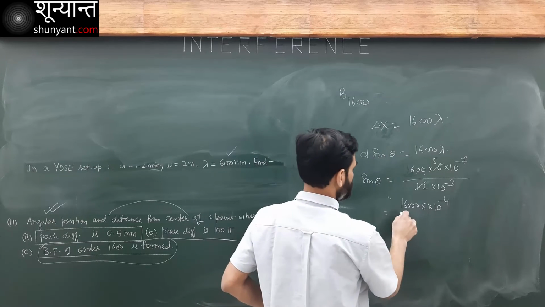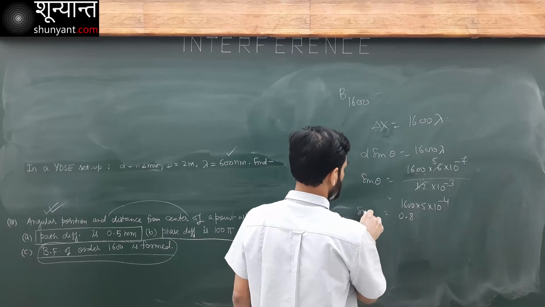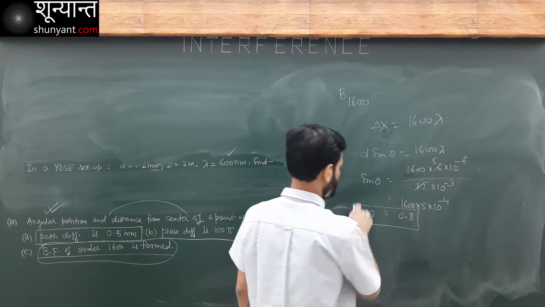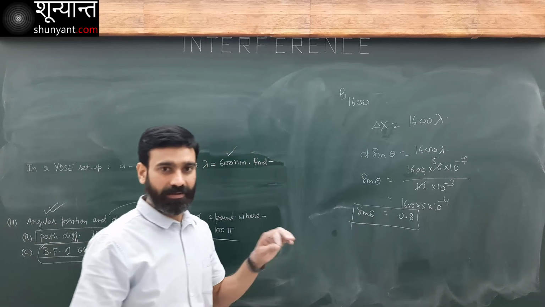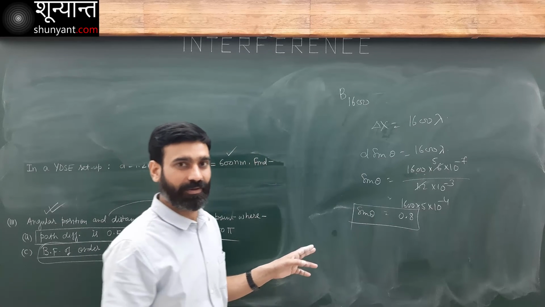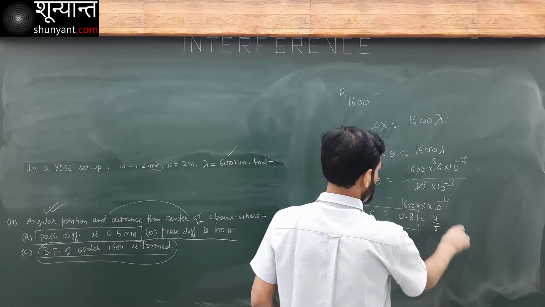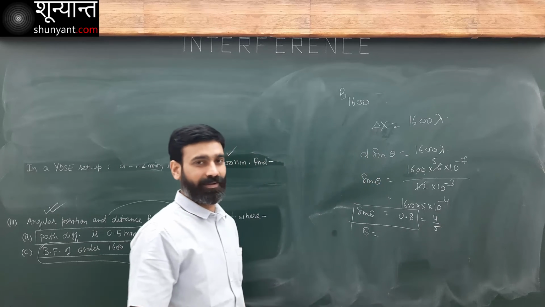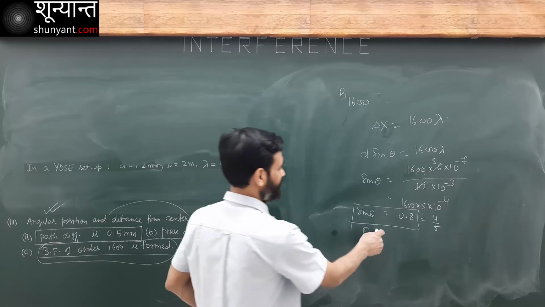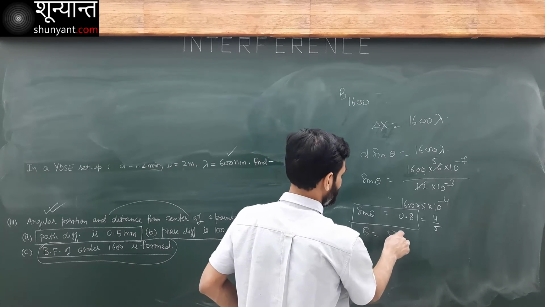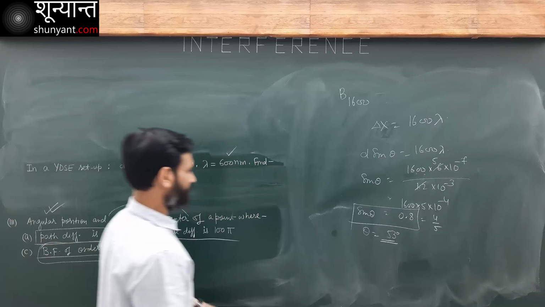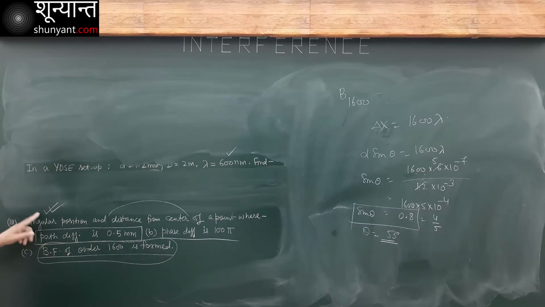This will become 0.8. Now this certainly is not a small value. This sine theta will be equal to 4 over 5. So theta becomes 53 degree. I got this angular position.